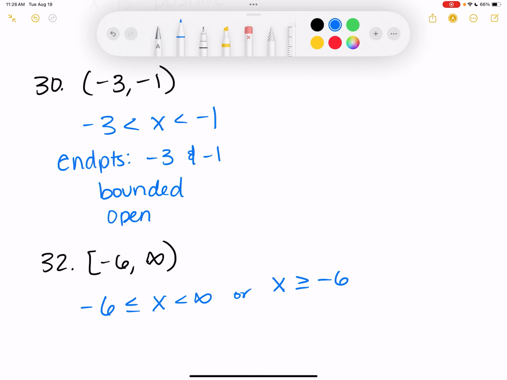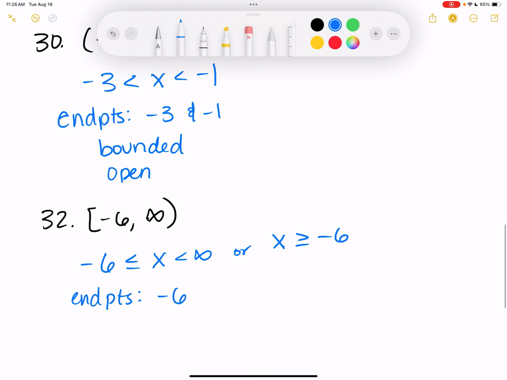What about endpoints on this one? -6 and infinity. You sure? No, it's just -6. Yep. Infinity can't be an endpoint, so we just would have -6 on this one. Is this one bounded or unbounded? Unbounded because we have infinity. And open or closed?